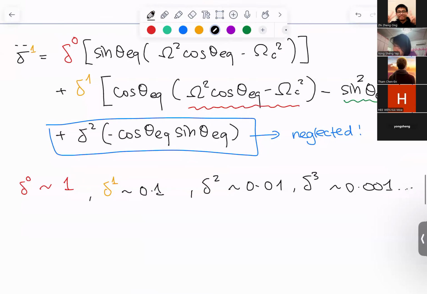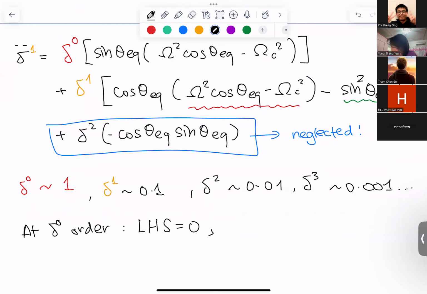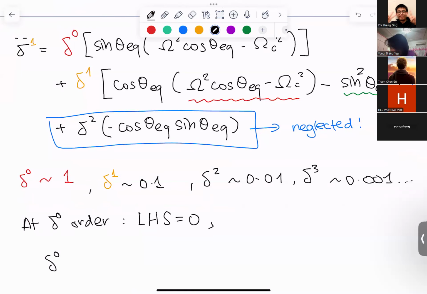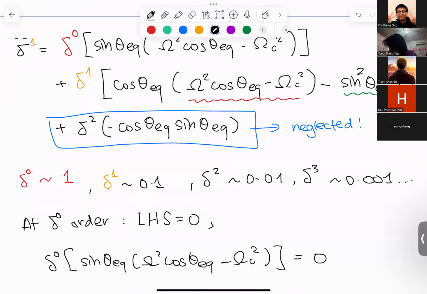At zeroth order, the left-hand side is actually zero. So basically delta zero sine theta eq omega squared cosine theta eq minus omega c squared is zero.